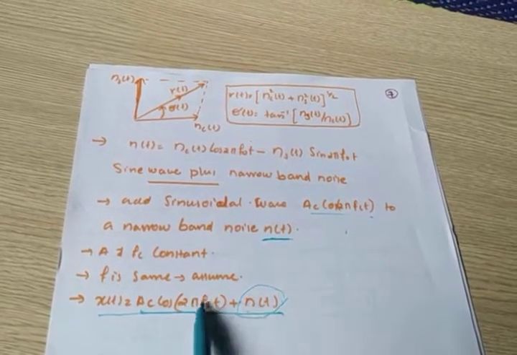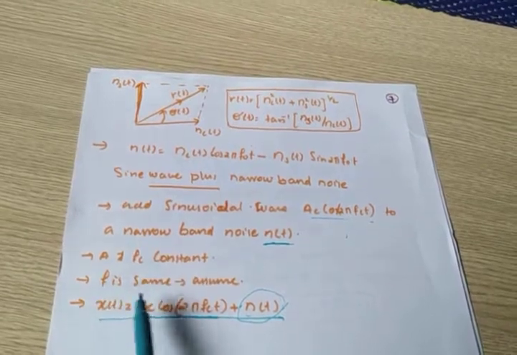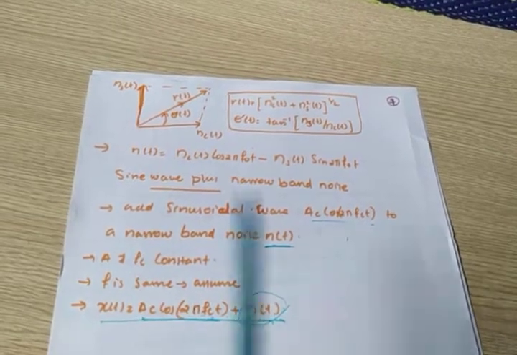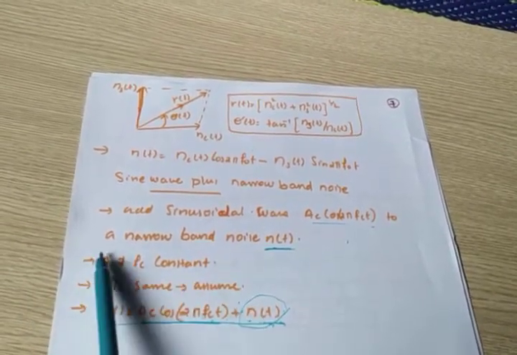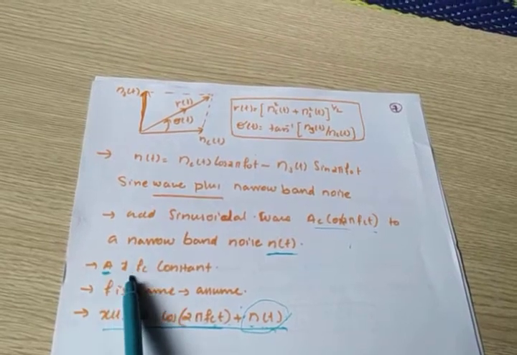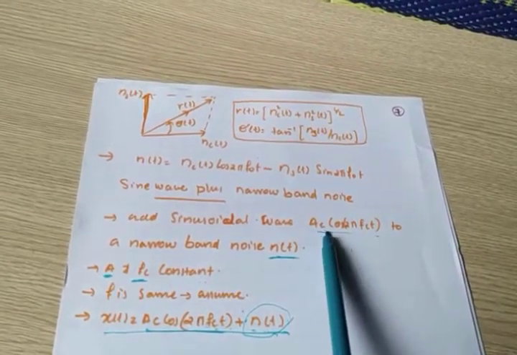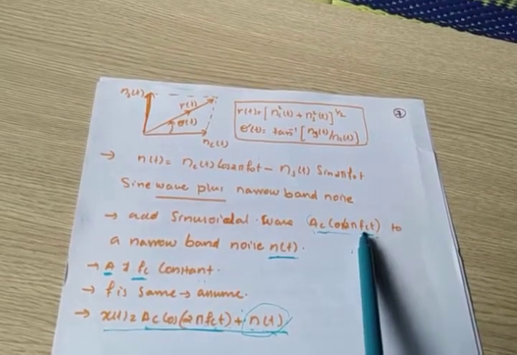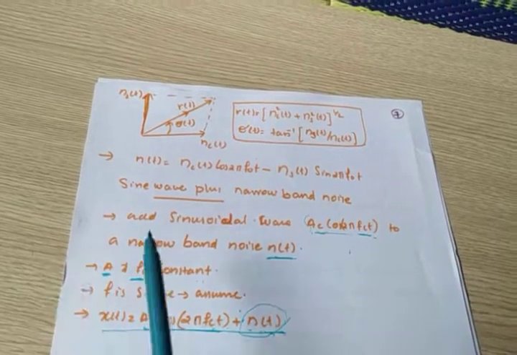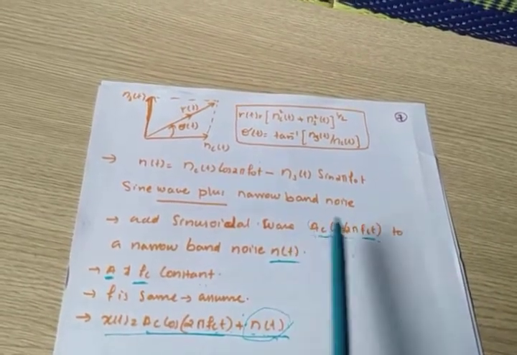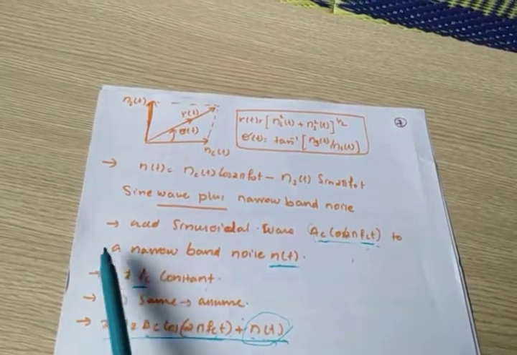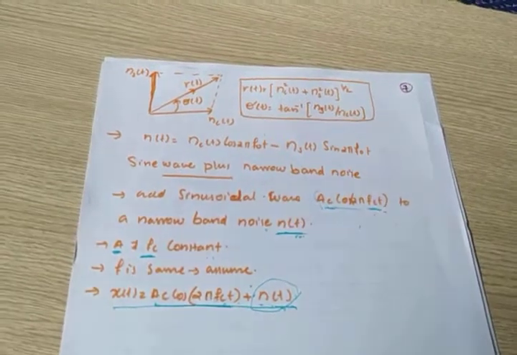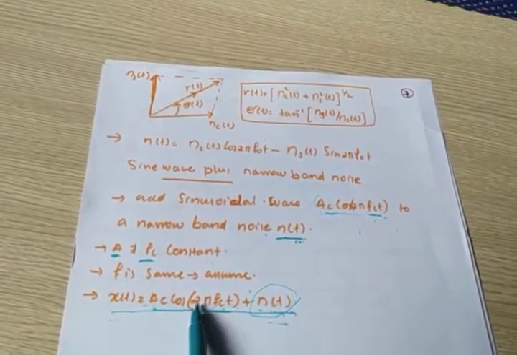We assume that both frequencies are the same; if the frequency is the same, then the noise will affect the signal. A and fc are constant: A is the amplitude of the input signal and fc is its frequency. There won't be any change in amplitude or frequency. And here we are adding noise to the signal. So sine wave plus narrowband noise is represented as x(t) = Ac cos 2πfct + n(t).